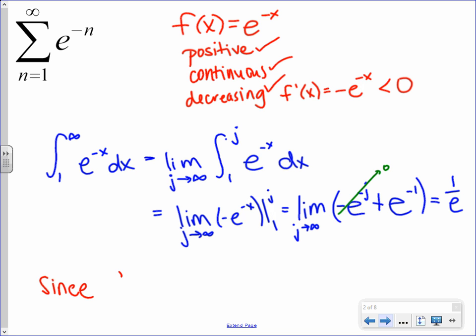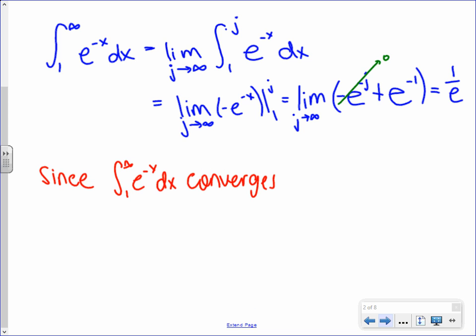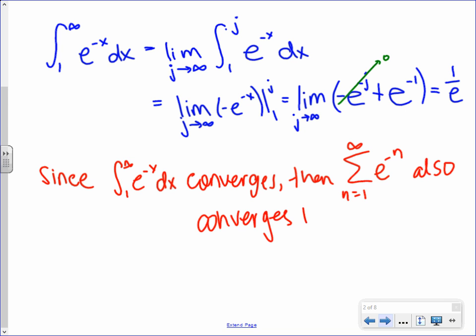So since the improper integral of e to the negative x dx converges, then our series also converges by the integral test.